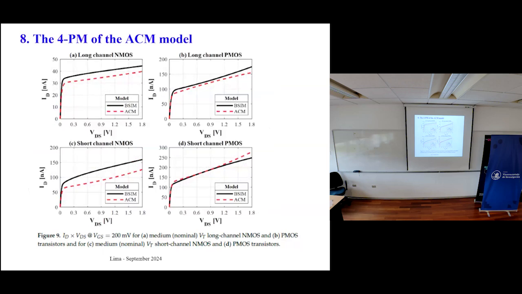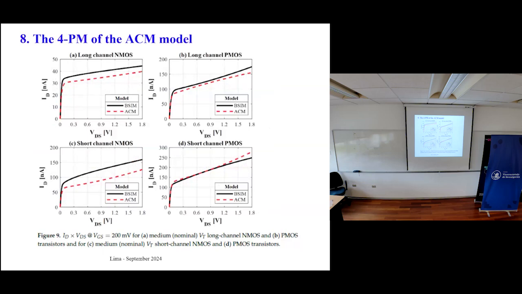Another set of curves. Here you have the variation of the drain current in terms of the drain to source voltage. You see that this is more difficult to follow, but you have a small difference in the absolute value, and you have a small difference in slope as well.